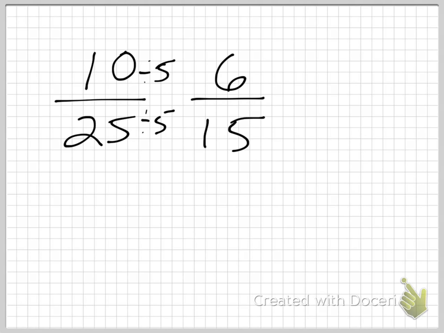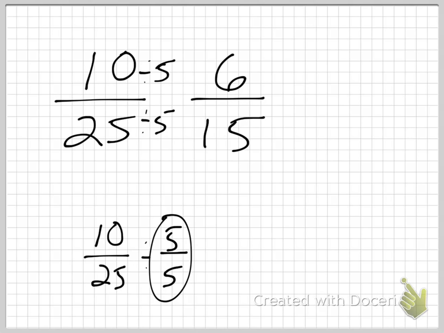What is the difference between that and 10 over 25 divided by 5 over 5? What is 5 over 5? It's 1, right? That's why I'm allowed to do this, because I'm reducing the top and the bottom by the same number.